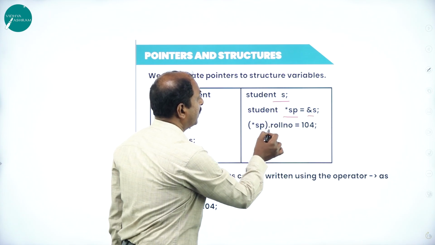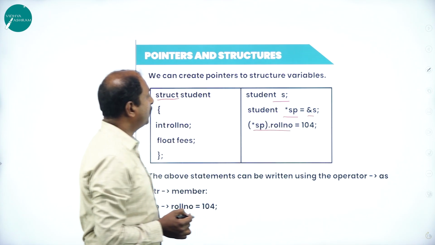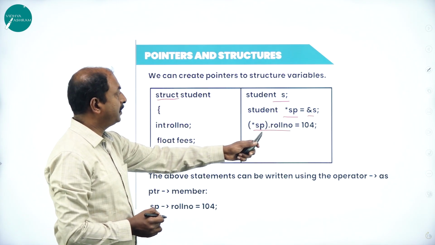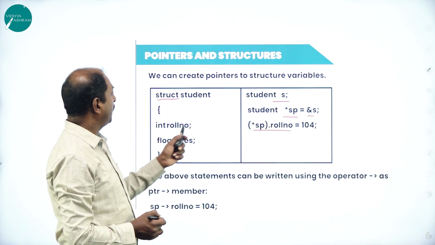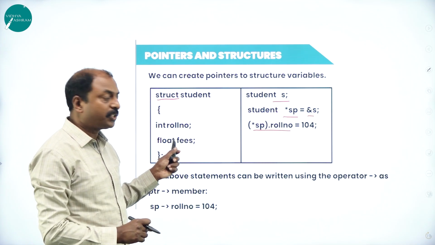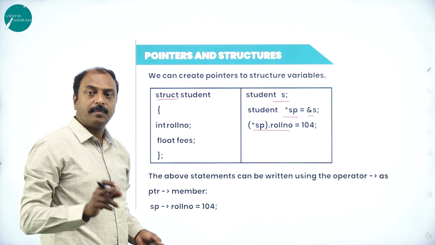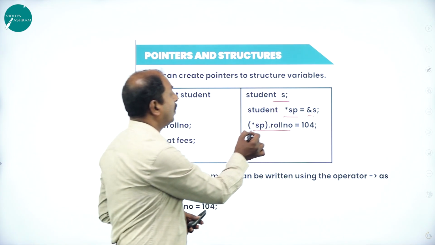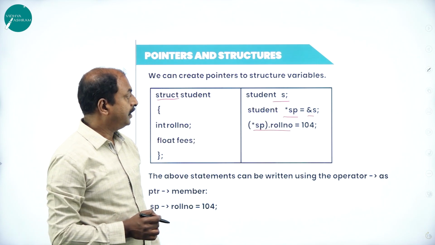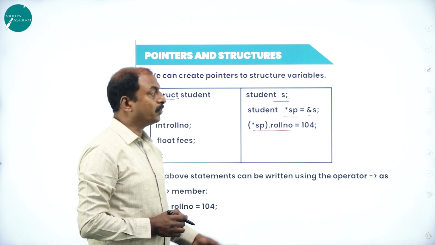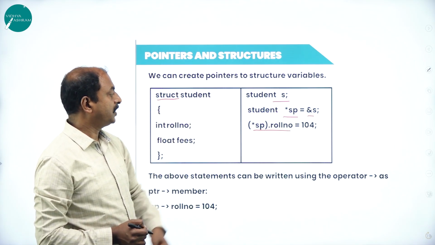Star sp dot roll number. Here roll number is one of the members of the structure. We are accessing the member of a structure with this dot operator, and star sp is a pointer variable, roll number equal to 104. So this is pointers and structures.